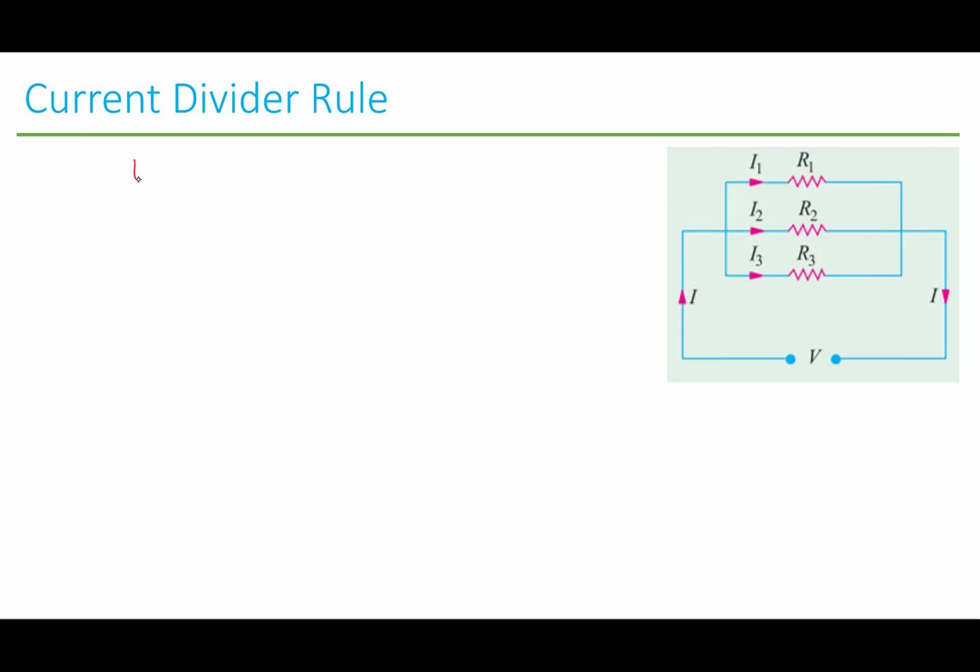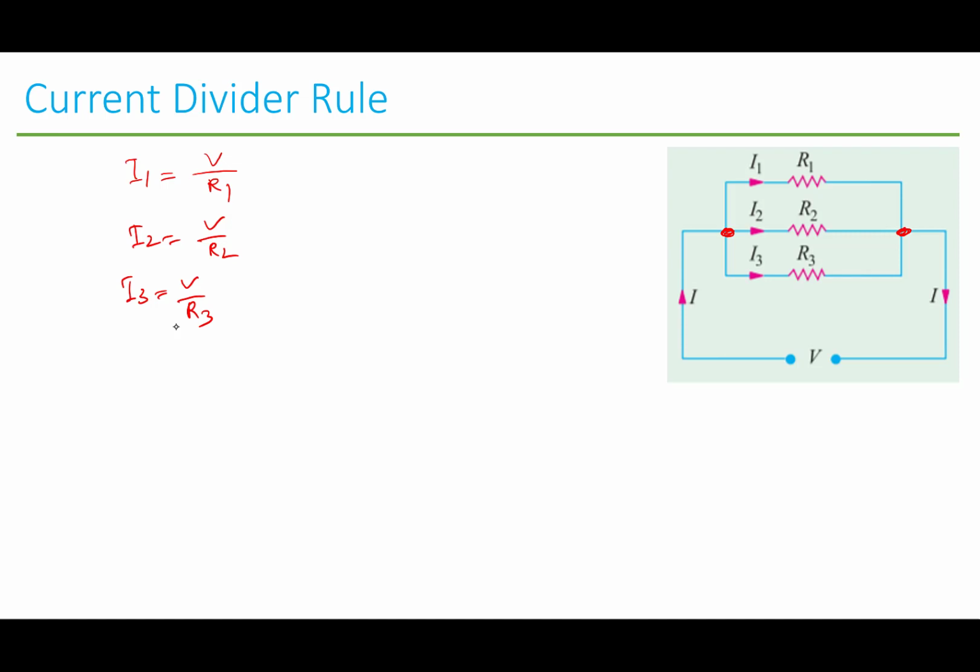So I1 equals V over R1, which we know from Ohm's law, because the total voltage across node 1 and node 2 is V. Similarly, I2 equals V over R2 and I3 equals V over R3.